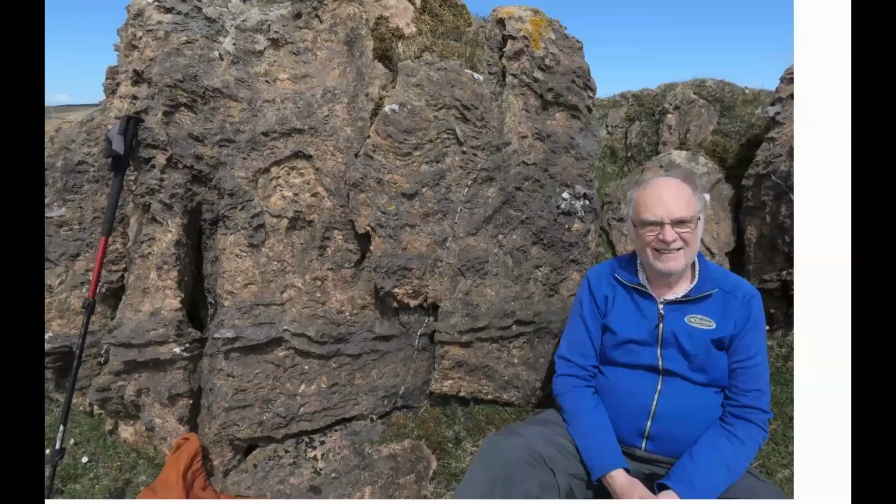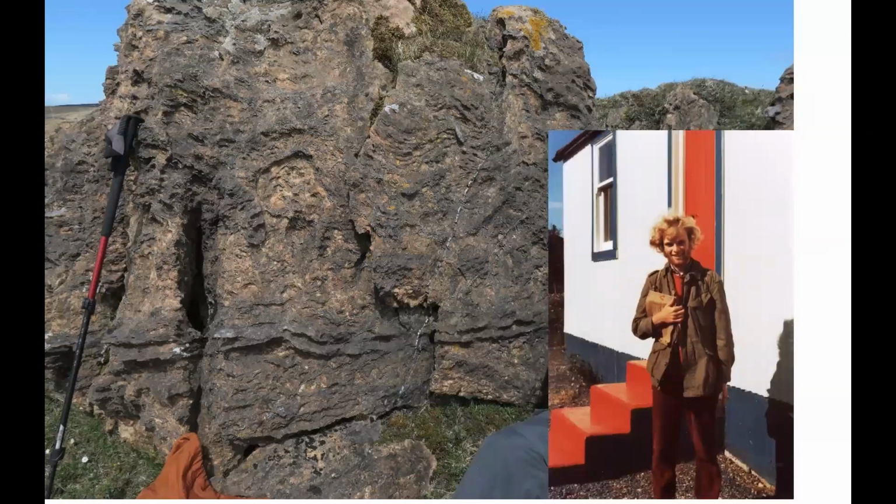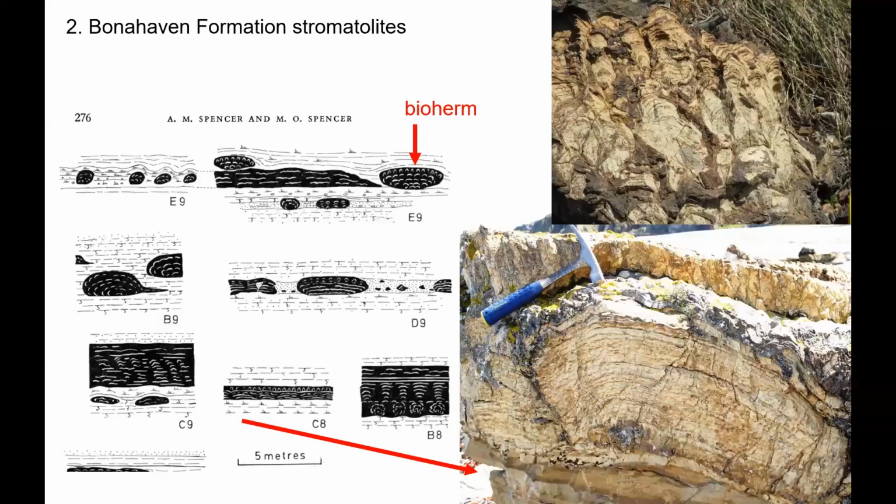In my PhD area, I was working on this stuff on the Isle of Islay in Western Scotland, in the Dalradian, in the Precambrian, and there's a big stromatolitic body there. This was me at the time, a bit more hair, as you can see. This was in a formation called the Bonahaven Formation, which lies above the famous glacial deposits of the Port Askaig Formation.